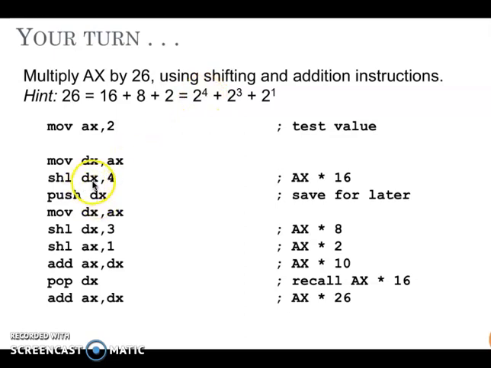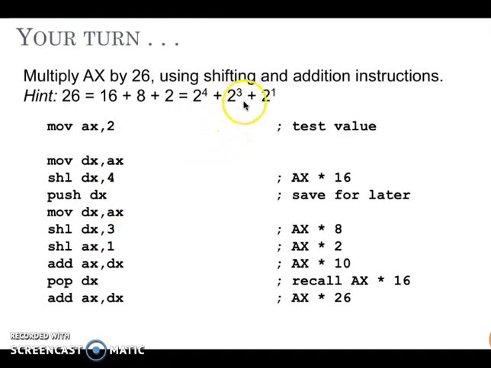Since we want to reuse DX, we can push it to the stack. After I push DX, this is the original value times 2 to the 4th power.